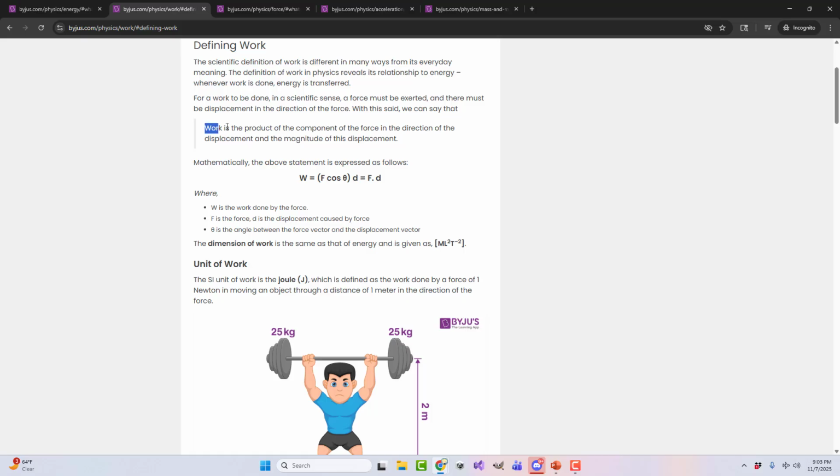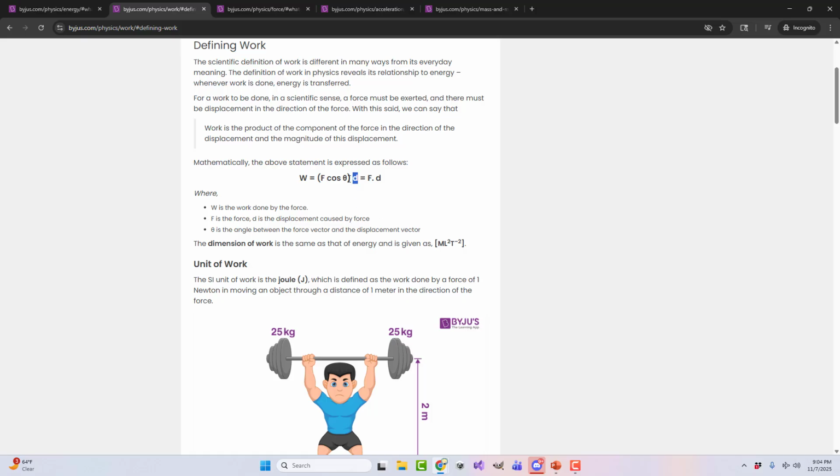Okay, here we are. Work is the product of the component of the force in the direction of the displacement and the magnitude of this displacement. Kind of a mouthful. Here's the mathematical expression right here. What are we saying? We're saying an object is moving over some distance, so that'll be d.